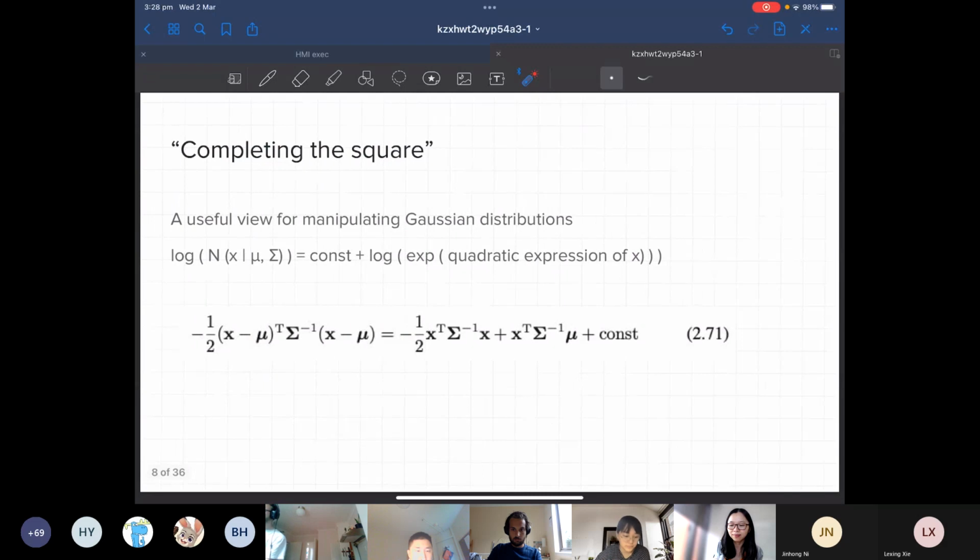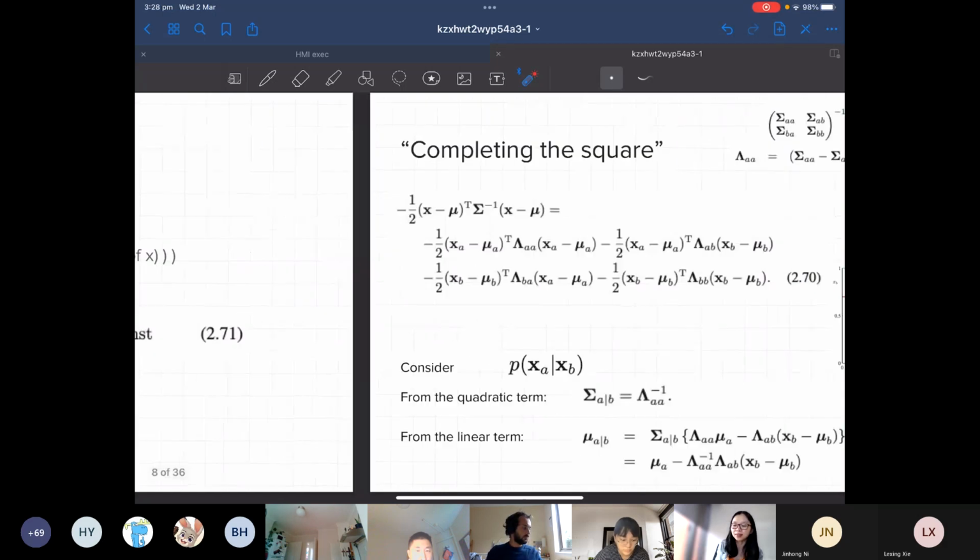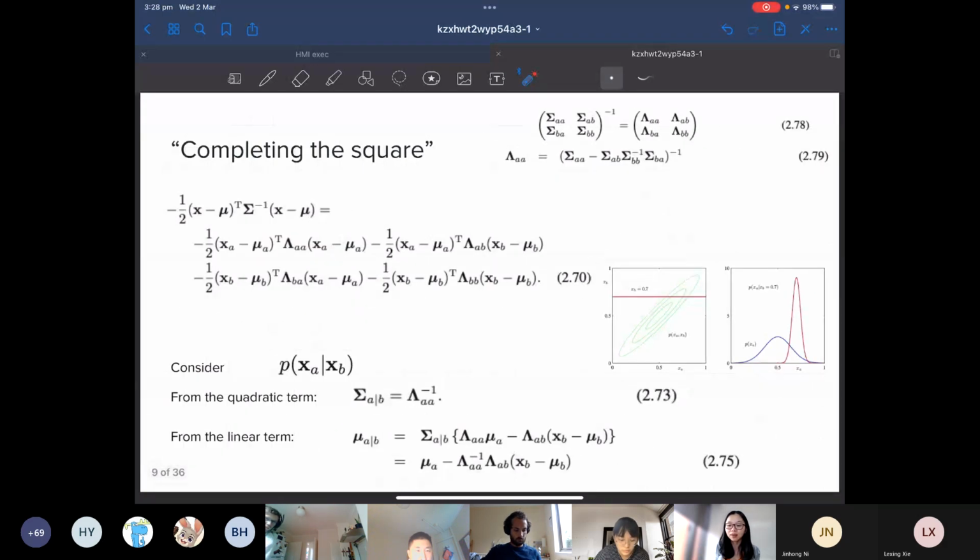And like when we're differentiating, we can do differentiation by parts, but if we expand the squares, for example, we can ignore the constant part. So we use essentially the completing the squares trick to try and reason about the conditional distribution of XA given XB.